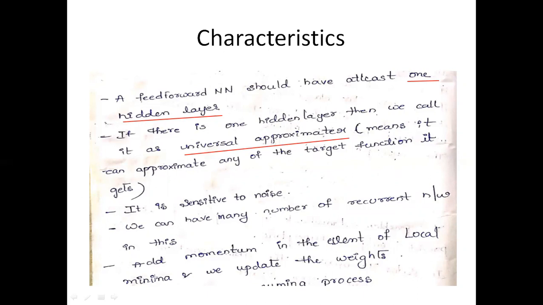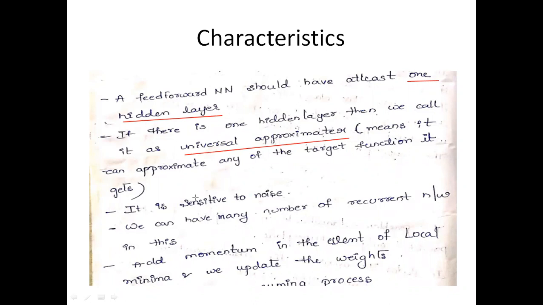What is the meaning of universal approximator? It is going to approximate the target function. Whichever value we expect from that particular network, it is going to try to give that expected outcome.